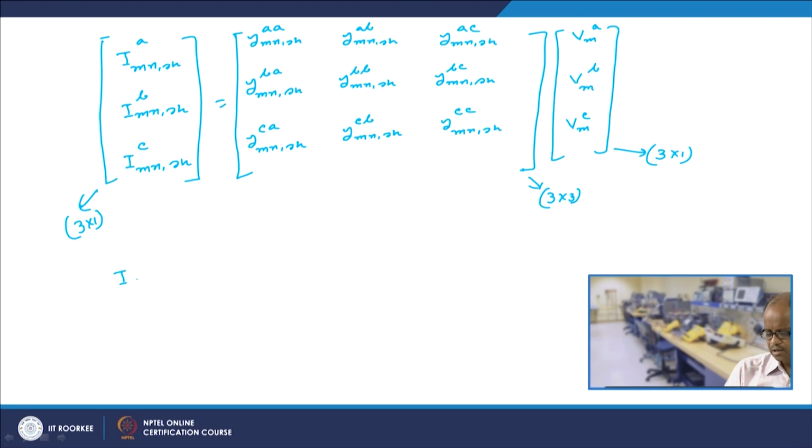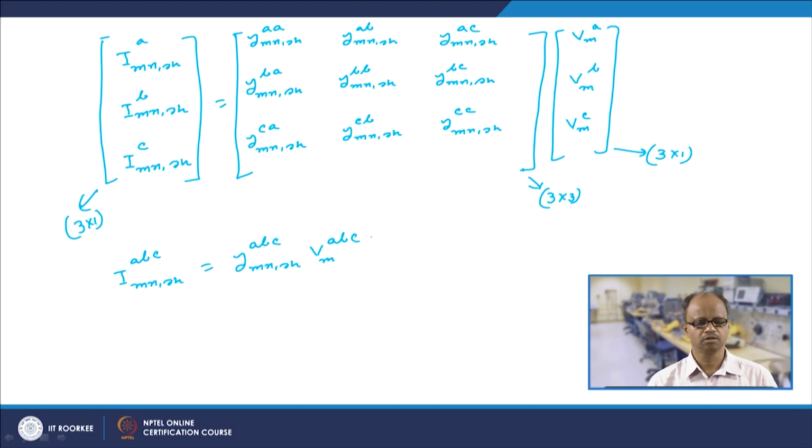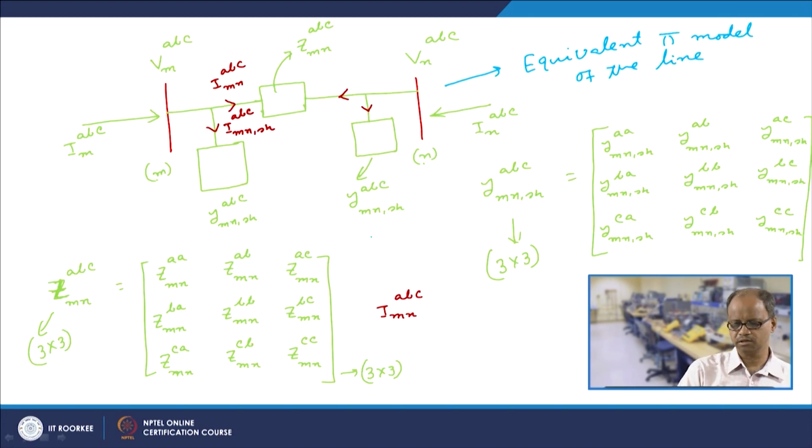So, we write that IMNSH ABC is nothing but YMNSH ABC into VM ABC. So, this is the relation between the bus voltage of this bus and this current.